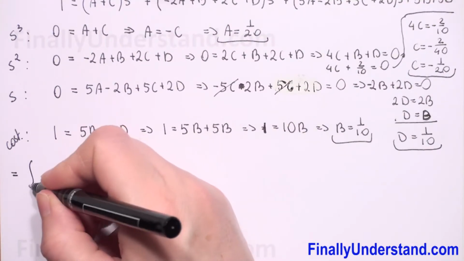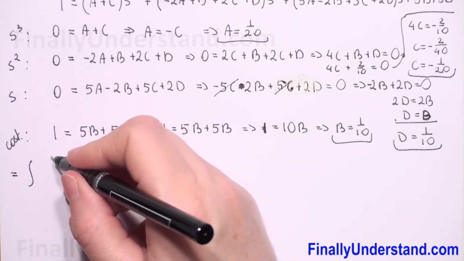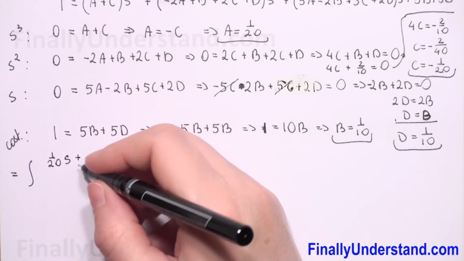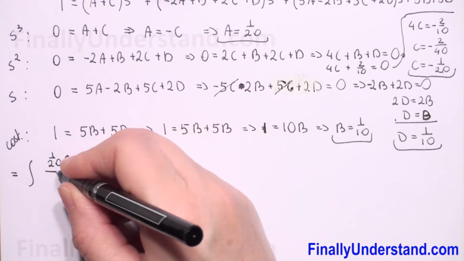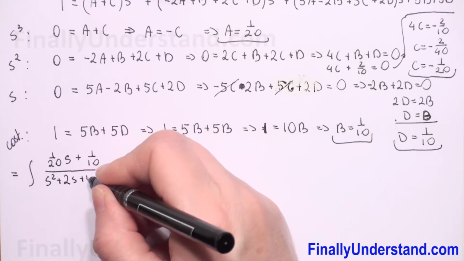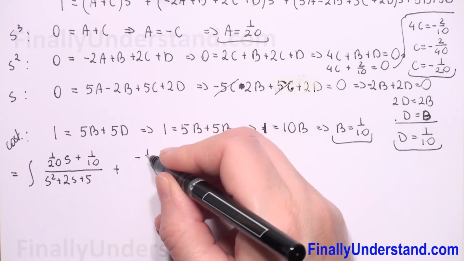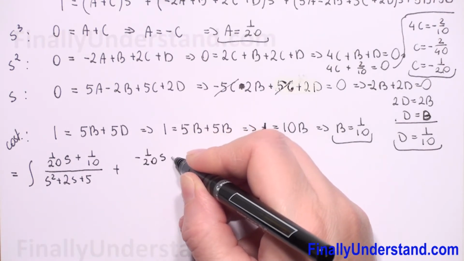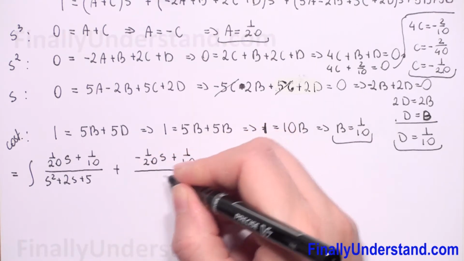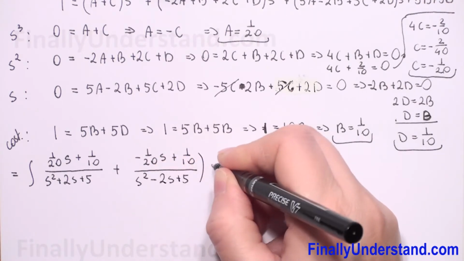This is equal integral of, we have a s plus b, where a is 1 over 20 and b is 1 over 10, over s squared plus 2s plus 5, plus negative 1 over 20 s plus d, where d is 1 over 10, over s squared minus 2s plus 5, with respect to s.